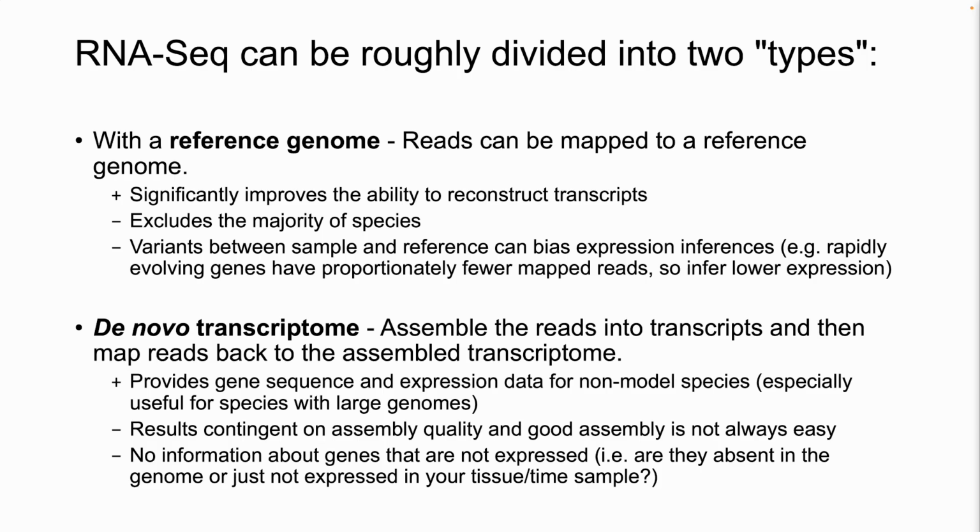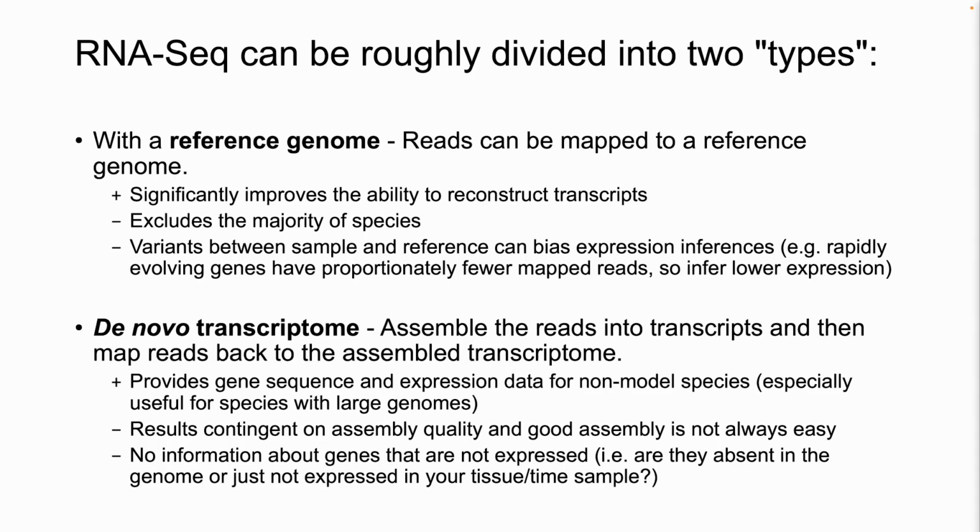And if you try to map the reads to a different strain or a different species, rapidly evolving genes are disproportionately lost from the mapping, right? So if there's positive selection, the most interesting genes are the ones you tend to lose. So that creates problems if you're doing RNA-Seq on a new species, but mapping it to some other reference genome.